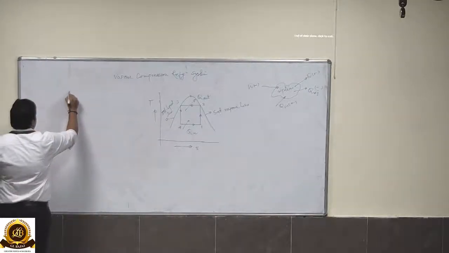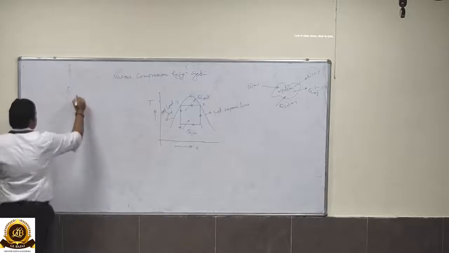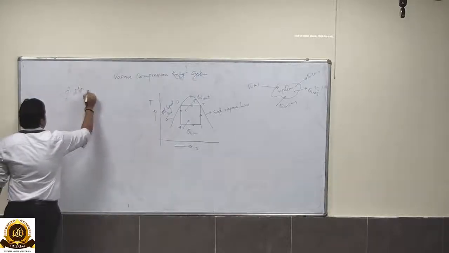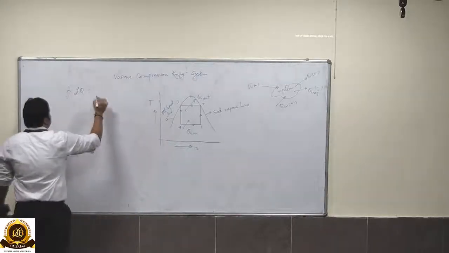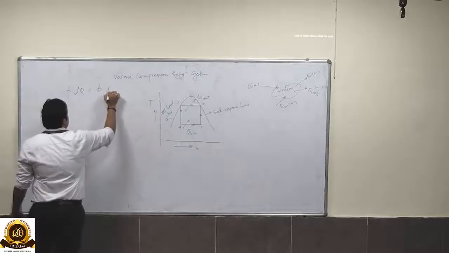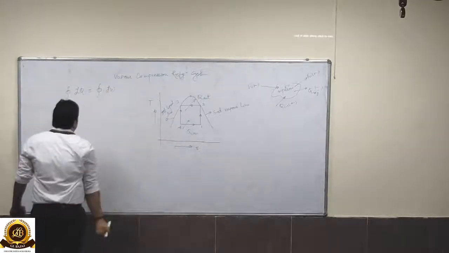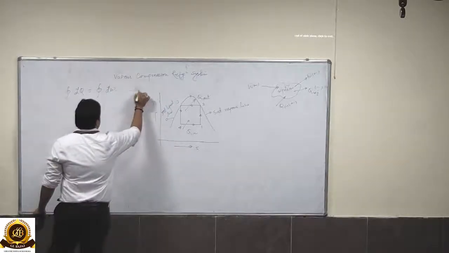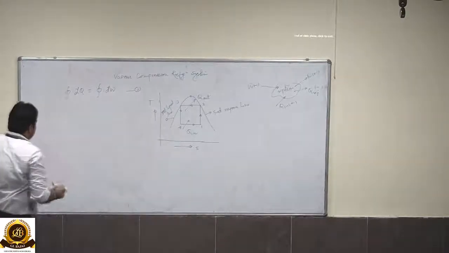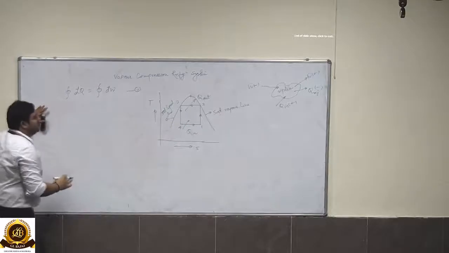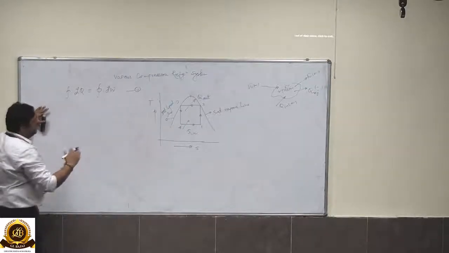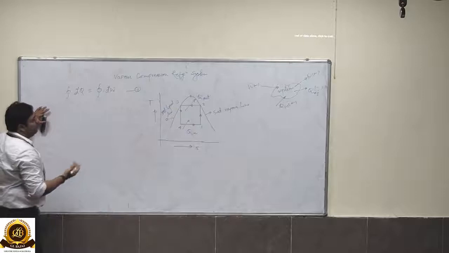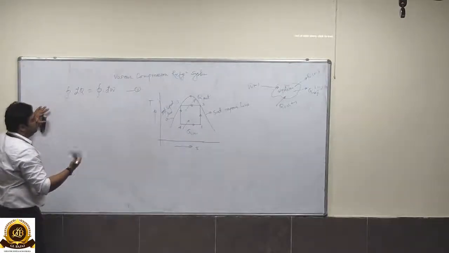From the first law of thermodynamics, the cyclic integral of heat transfer is equal to the cyclic integral of work transfer in a system. We represent it by equation number 1. Now, heat is being added in the evaporator part, while it is being rejected in the condenser part.